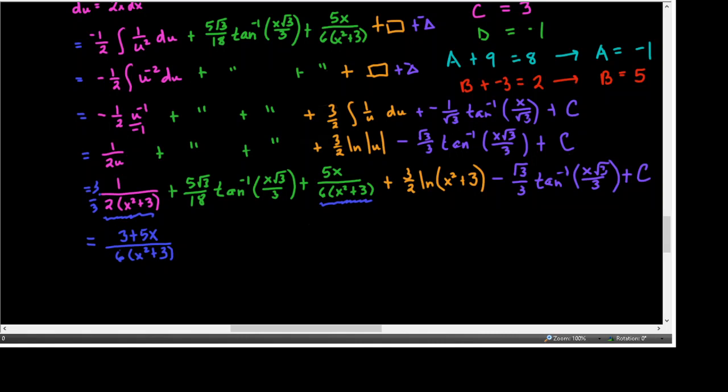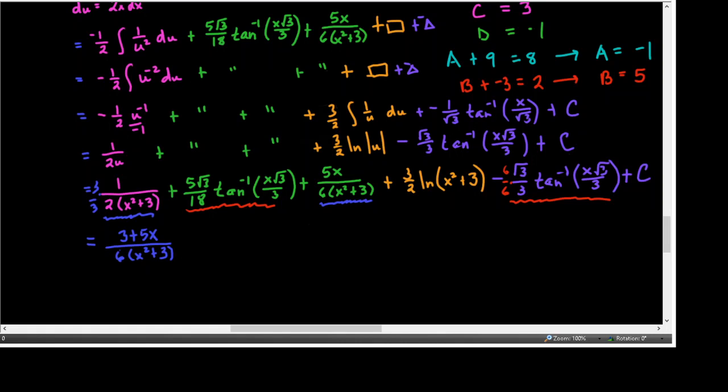Okay, that's pretty good. And then I notice that I have a couple of different things that are something times tangent inverse of the same item. So I need to combine those. They don't quite have the same denominator, so I'm going to have to multiply this one by 6 over 6 so that they have the same denominator, 1/18.